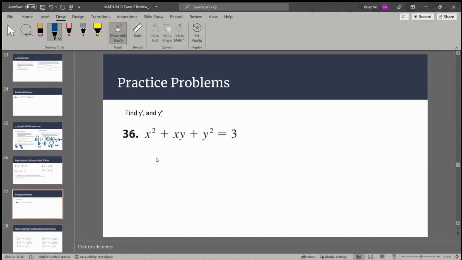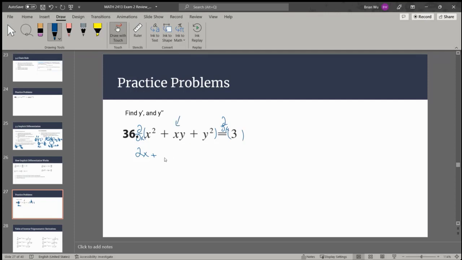Okay, so this is a practice problem. Our task is to find the first derivative and the second derivative of this equation. So first you're going to apply d over dx, which is just deriving both sides. So the left side becomes 2x plus, we're going to do the product rule.